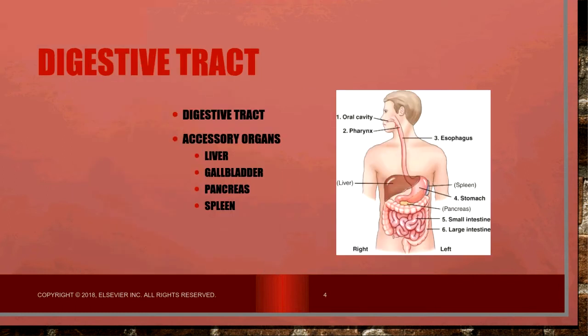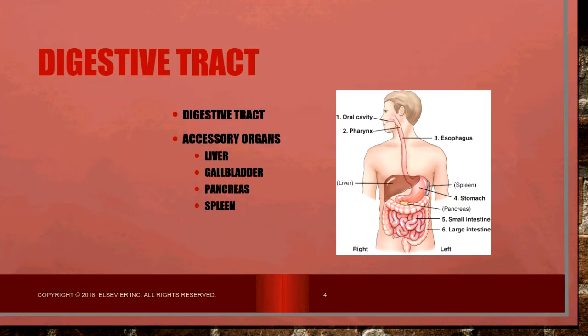As far as the digestive tract, a lot of the organs contained in the digestive tract and the accessory organs are found in the abdomen. When they start with the digestive system, they reference that there are mainly six organs that make up the digestive system.